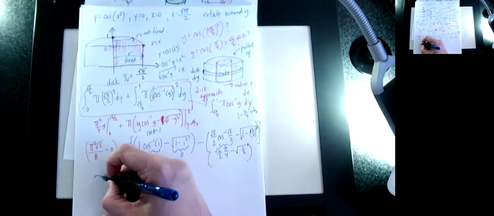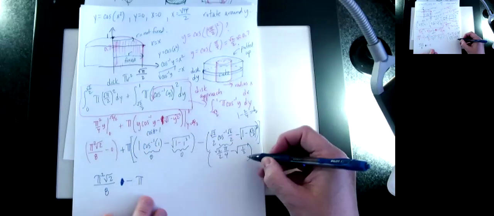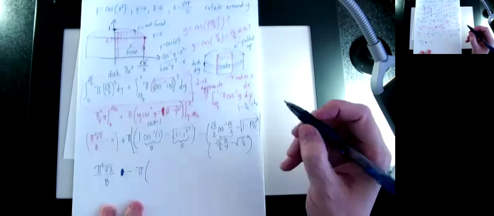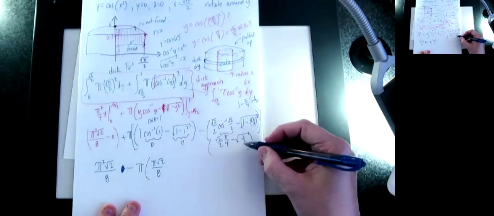If we put it all together, pi squared root 2 over 8 minus pi times this right here. Pi root 2 over 8. Square root of 1/2 is root 2 over 2.